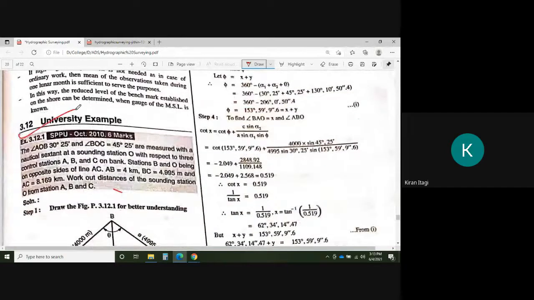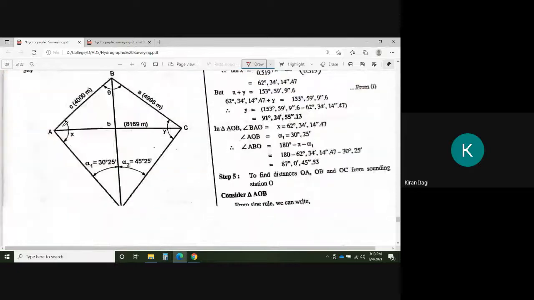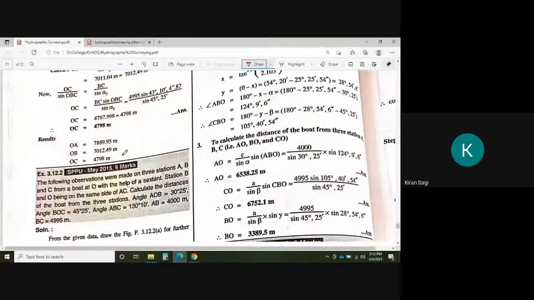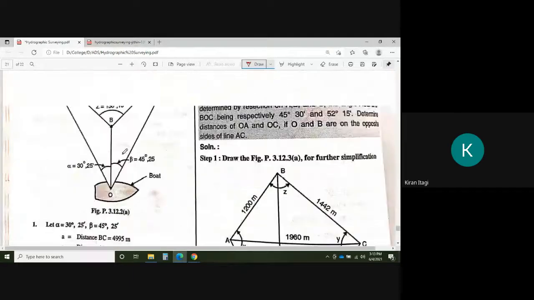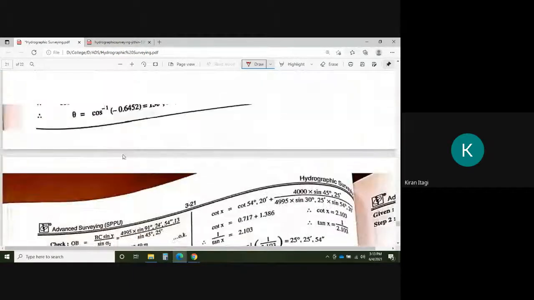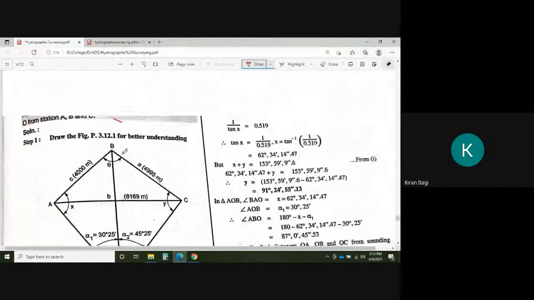Only some numericals are left. Other important things I have covered. Again, we have the 2-point problem and 3-point problem. So this is the end of your second unit.